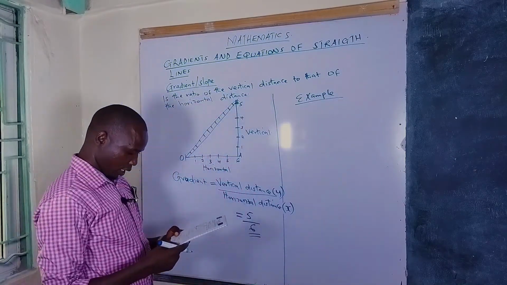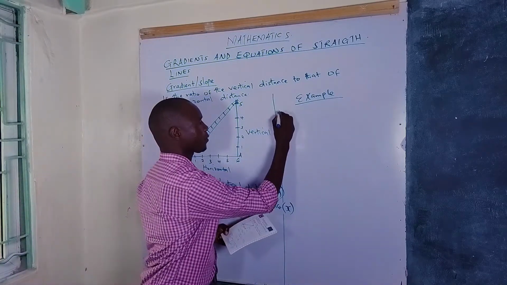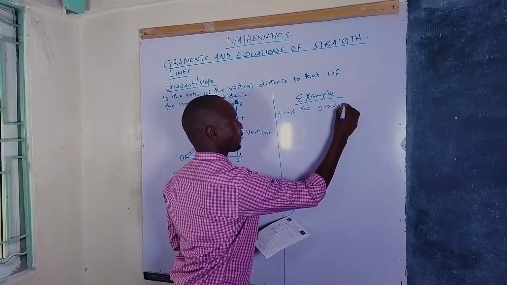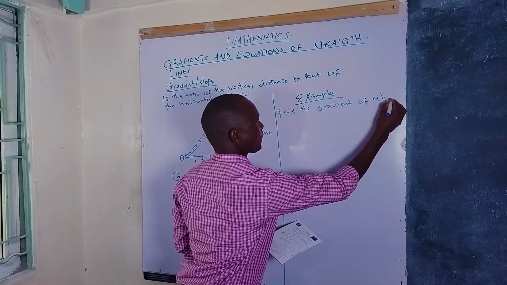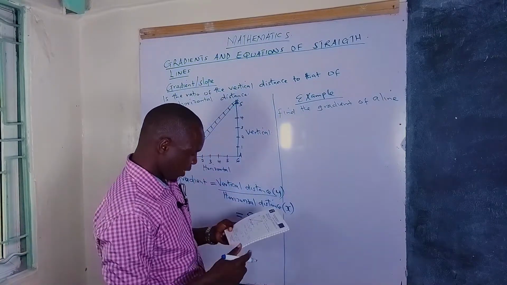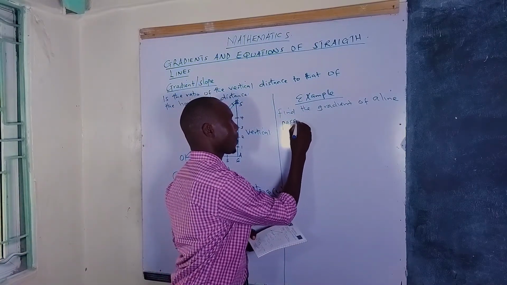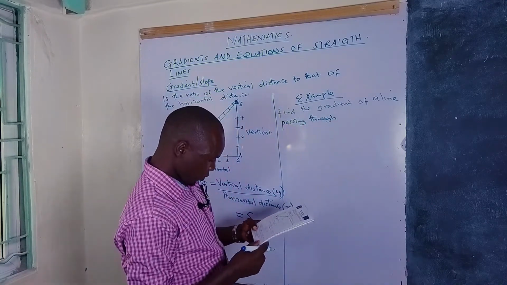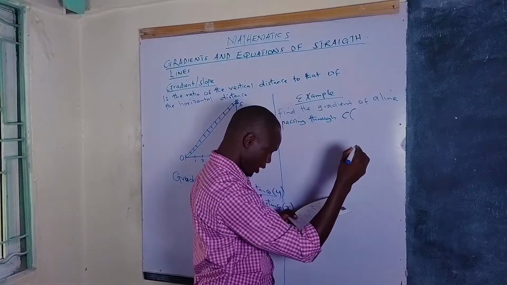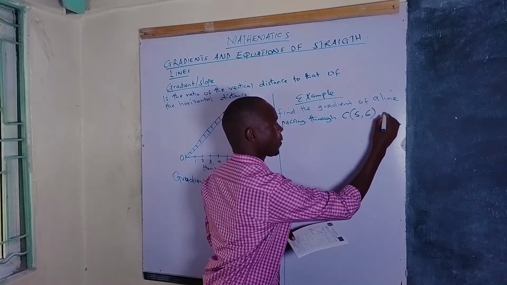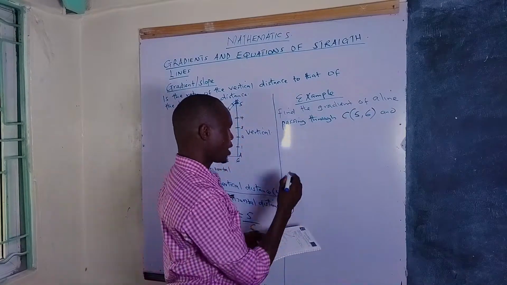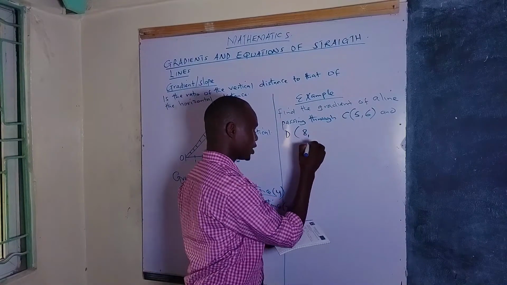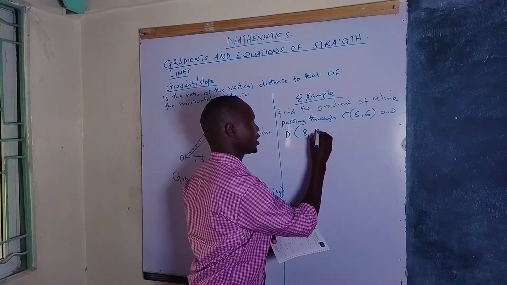For example, you can be told, find the gradient of a line passing through a point C with coordinates 5, 6, and another point D which has coordinates 8, 13.